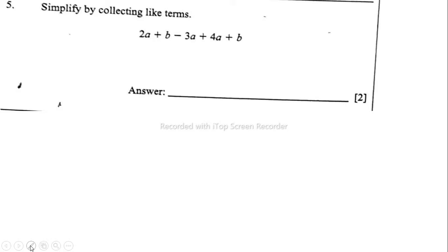All right, so we have 2A. Any answers, by the way? Not yet. Okay.